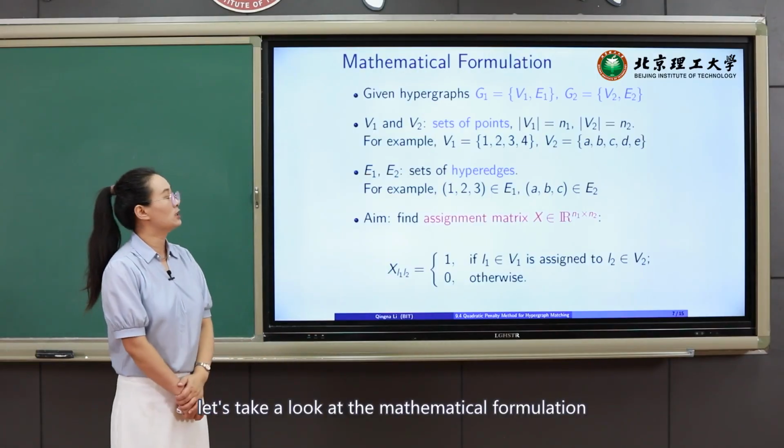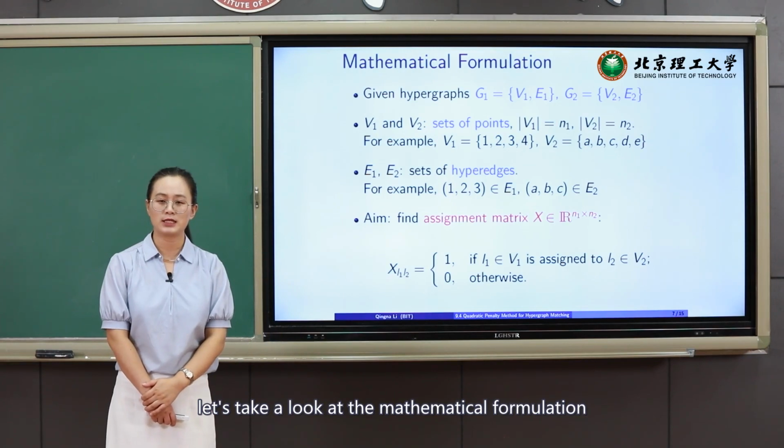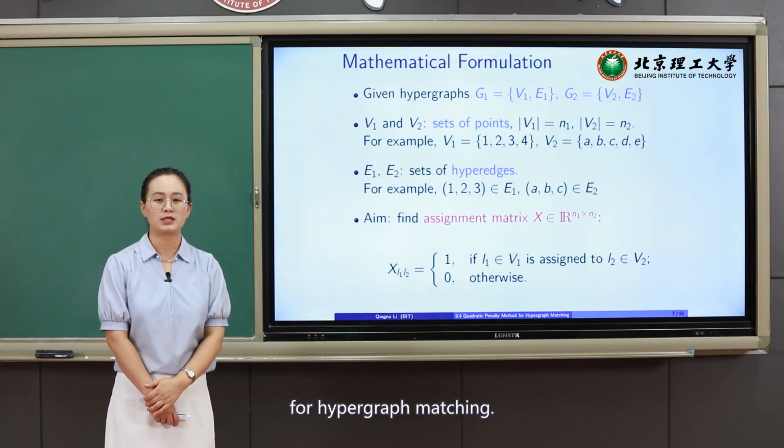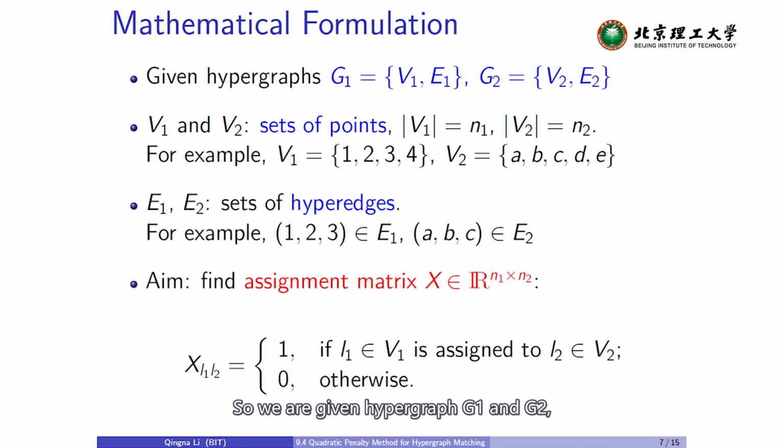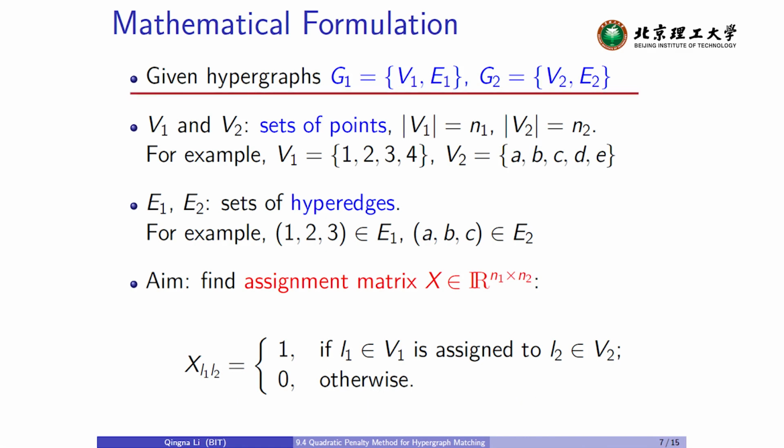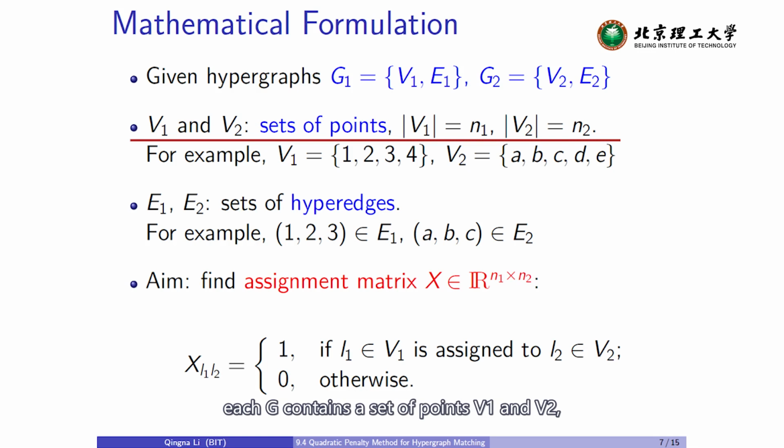Now, let's take a look at the mathematical formulation for hypergraph matching. We are given hypergraphs G1 and G2. Each G contains a set of points, V1 and V2, which collect the points in the figure.